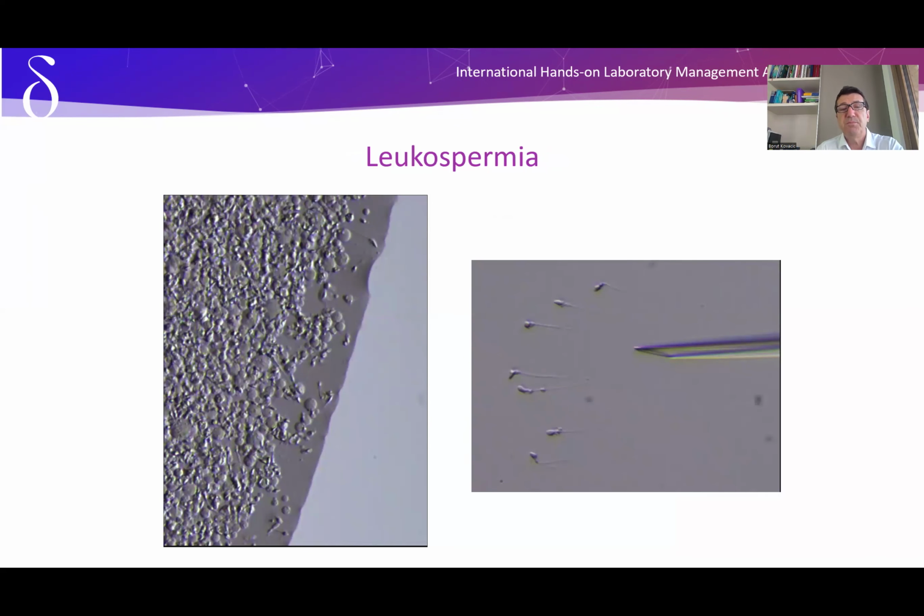Leucospermia is a problem with a large number of round cells, and if we use the conventional gradient, it can happen that these cells block the sperm from passing through the barriers between the lower and higher concentrations of silica gels.